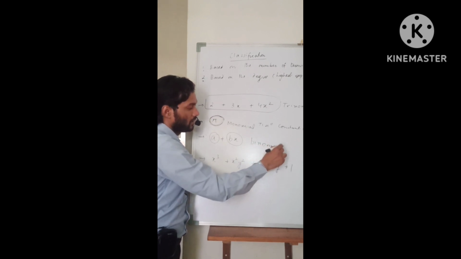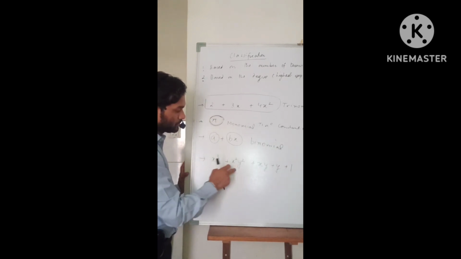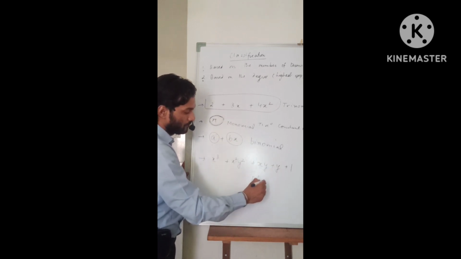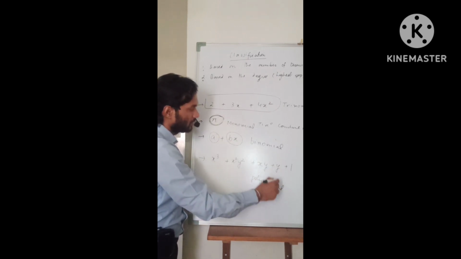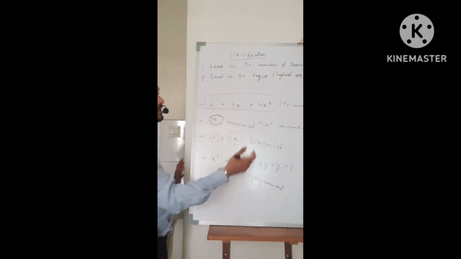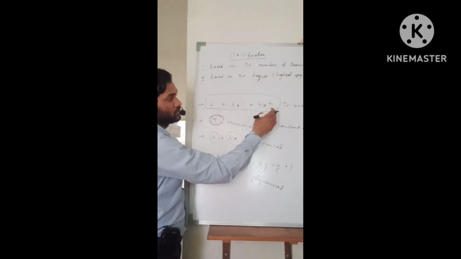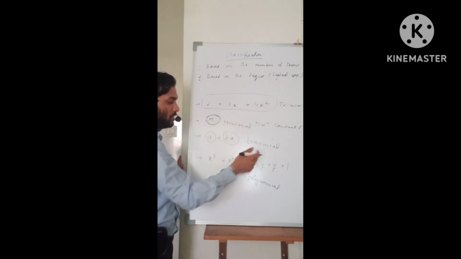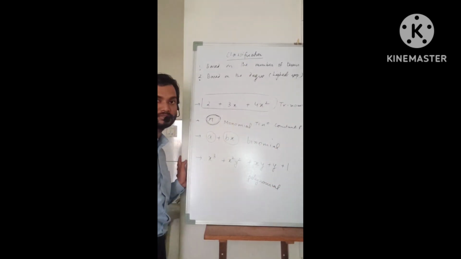This is a binomial, and this one has many terms, 1, 2, 3, 4, 5. So this is as a whole a polynomial. All these are polynomials, and the common names just represent the number of terms: trinomial, monomial, binomial, and in general all these are polynomials.